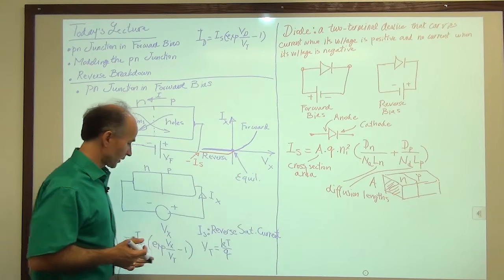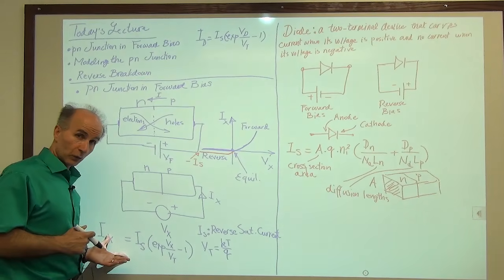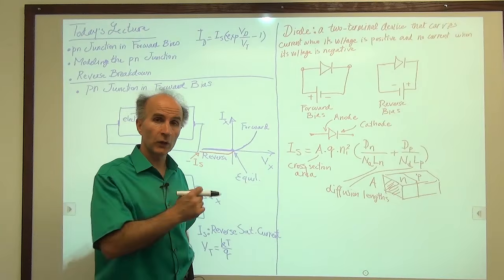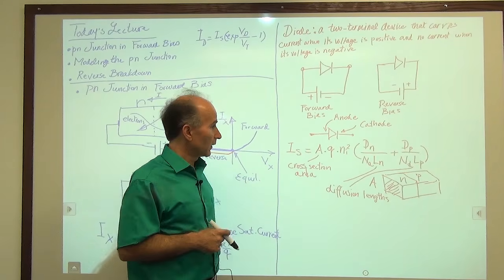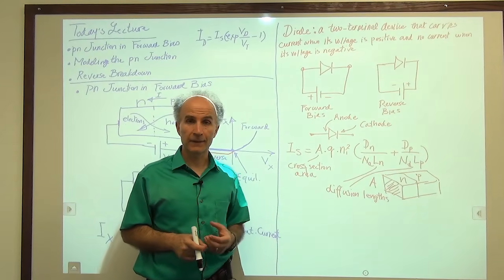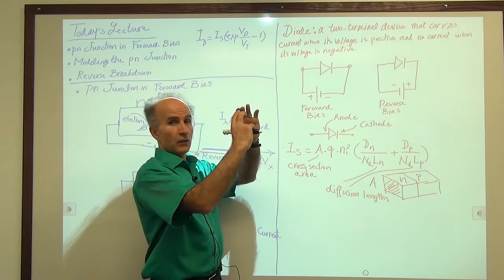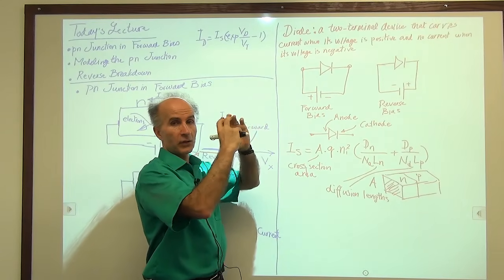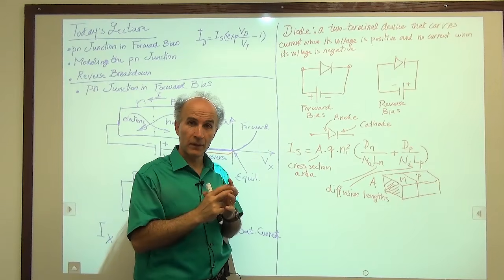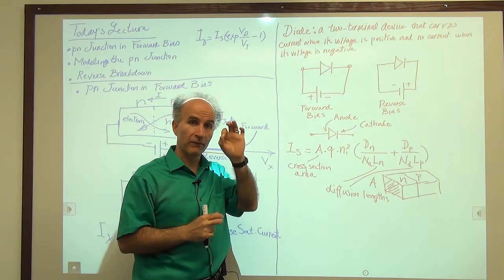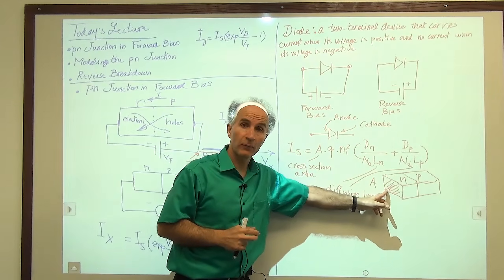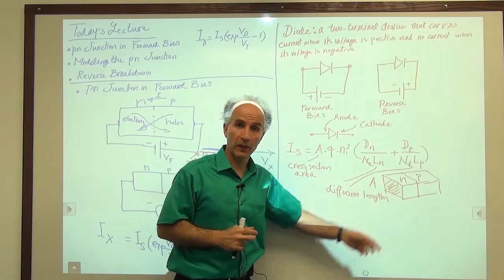Ultimately, it is really this equation that's of interest to us, but we do need to remember that this is proportional to A. Now, why do I insist on that? Well, because when you look at typical diodes that we use in practice, their junction area, the cross-section area, can assume a very wide range. You have diodes that have very, very small areas. This junction area might be half a micron by half a micron or 1 micron by 1 micron.